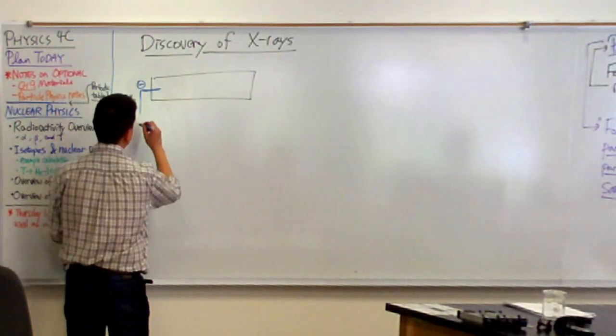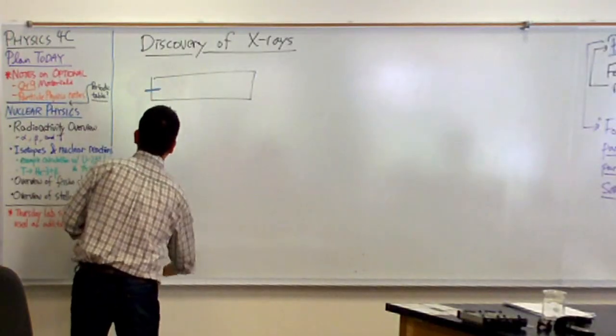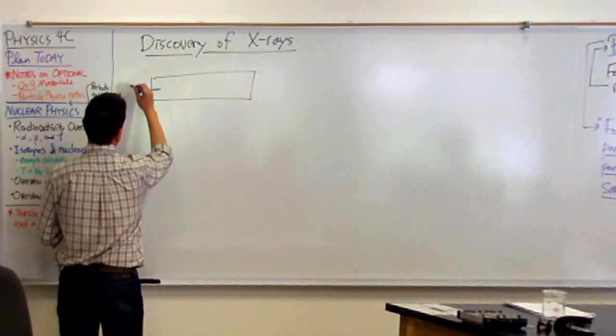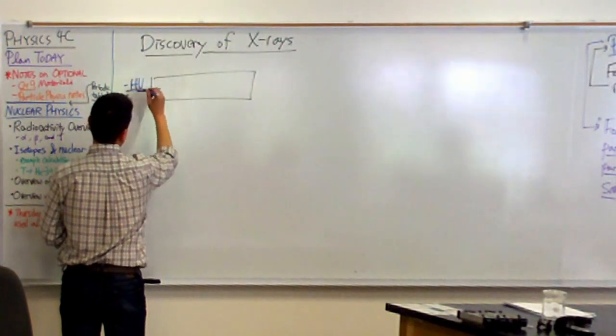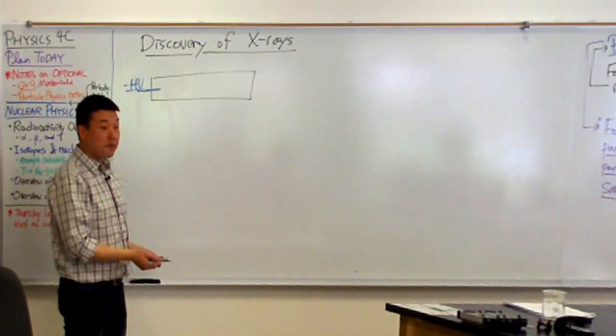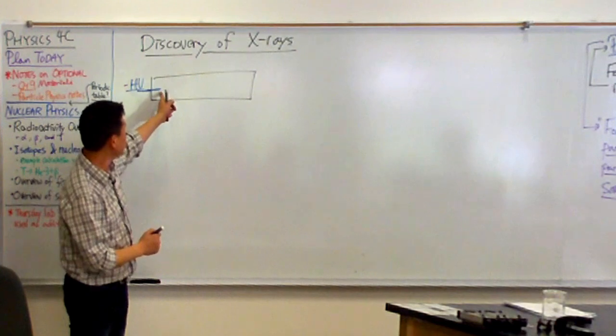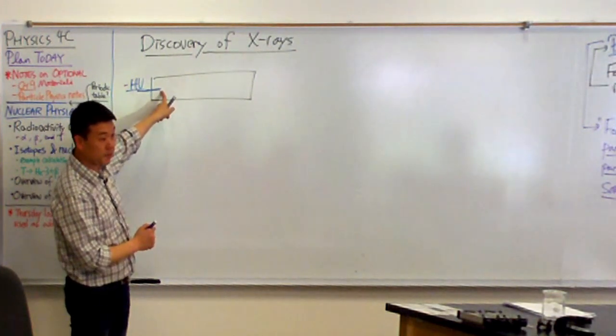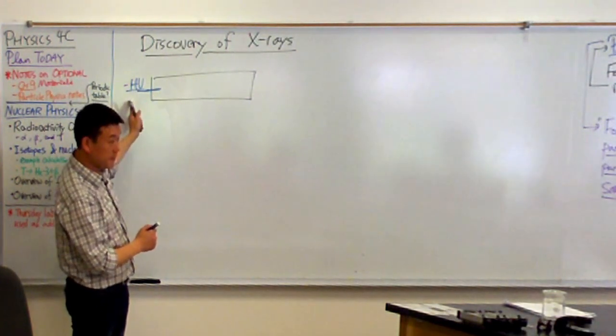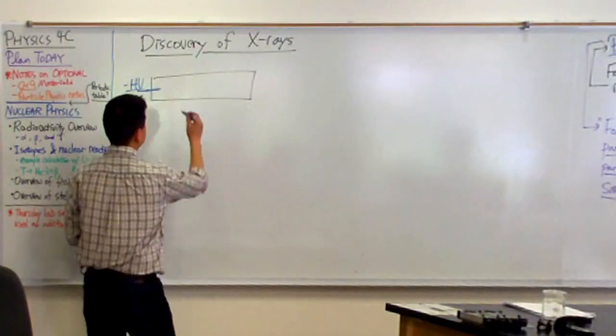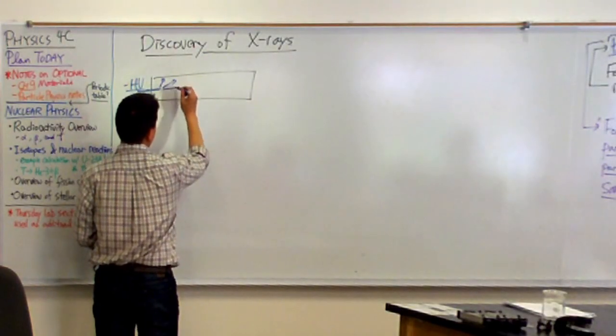So you hooked this up to some negative high voltage thing. So it's negatively charged. Then what people figured out is that there are some kind of particles emanating from this cathode. If you charge it negatively enough, then particles just kind of come out of it.